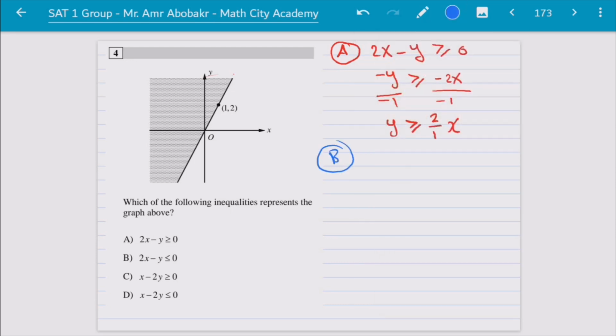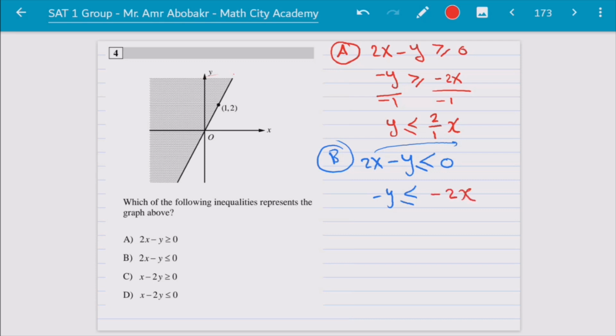B: 2x minus y smaller or equal 0. So we have here negative y smaller or equal, bring 2x to the other side, so it will be negative 2x.